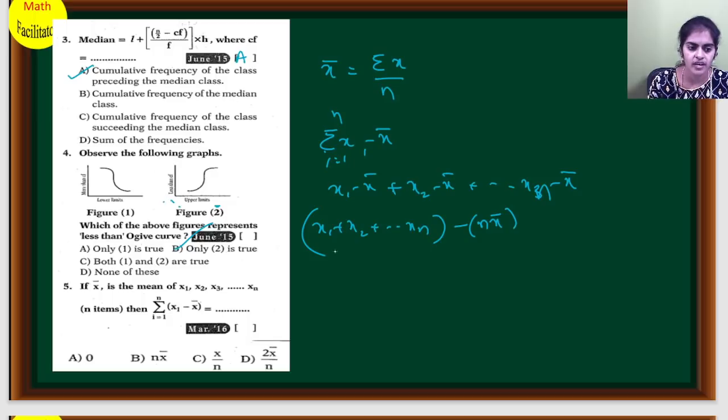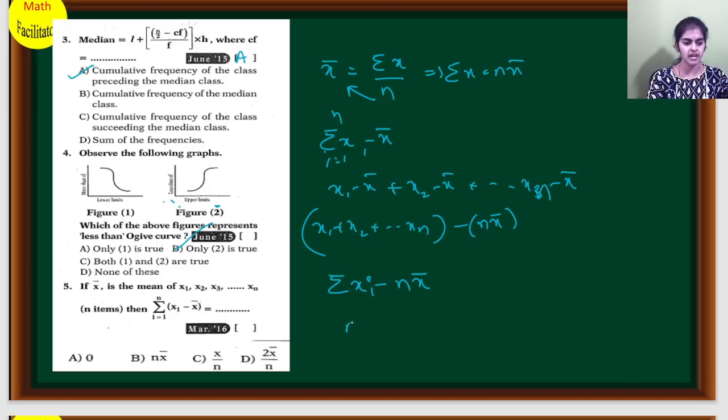This is nothing but sigma xi minus n x bar. Sigma x you can write as n x bar. So n x bar minus n x bar, so you will get your answer as 0 here. Just expansion: x1 minus x bar for i equal to 1, and when i is 2, x2 minus x bar.